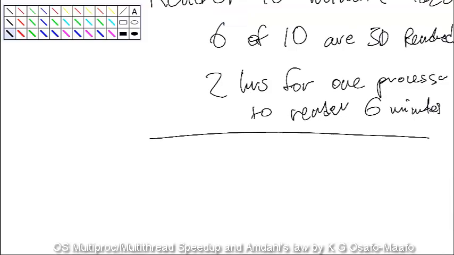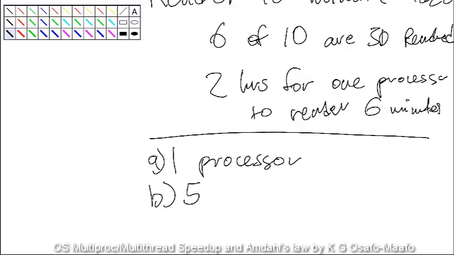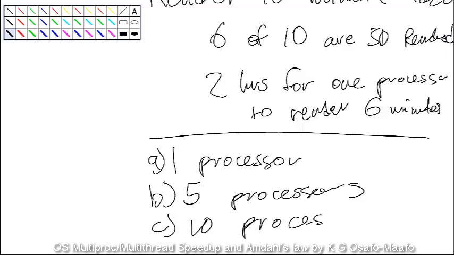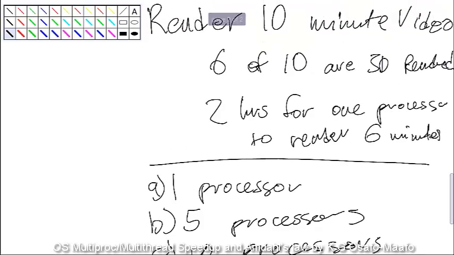And the question was, compare how the work would look if you had just one processor, the second case is 5 processors, and finally 10 processors. So let's do the first one.